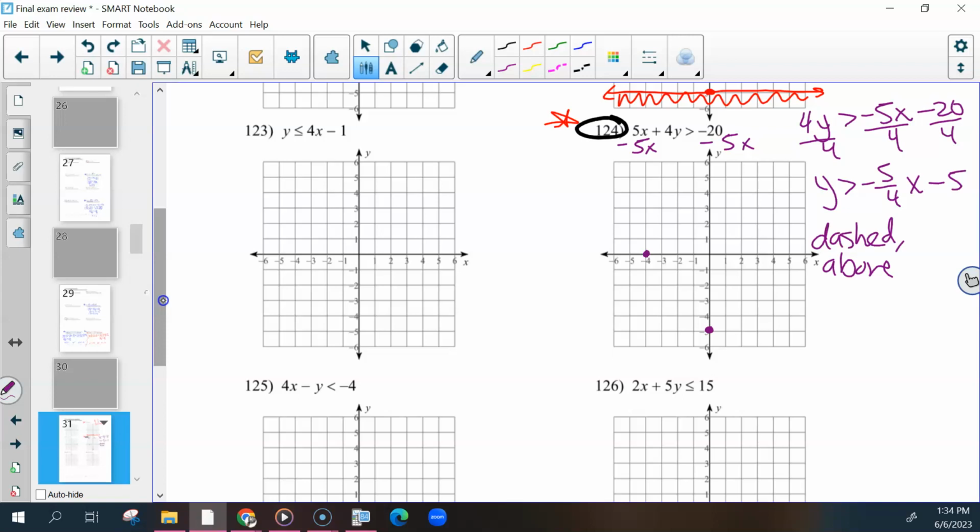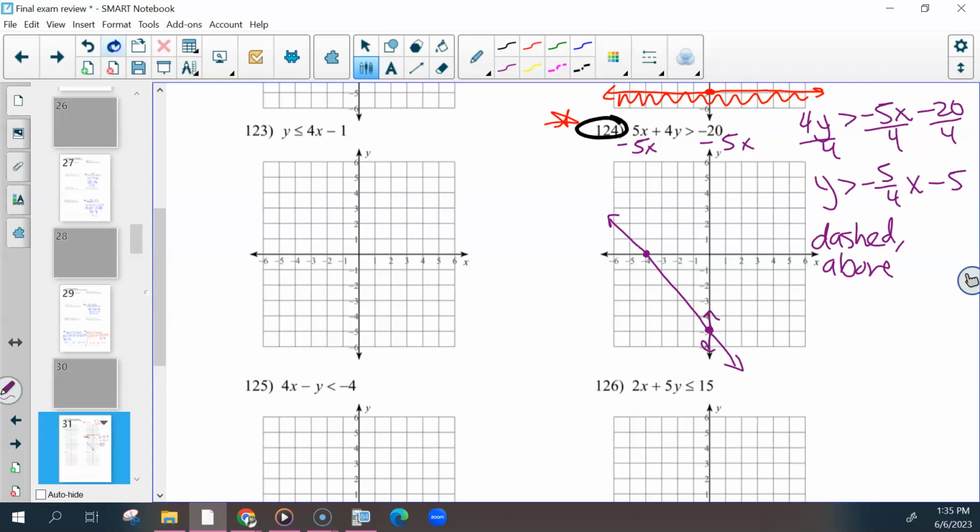If you go another one, it'll be off the graph. If you're not sure which way is above, look at the y-intercept, draw a little up and down arrow.